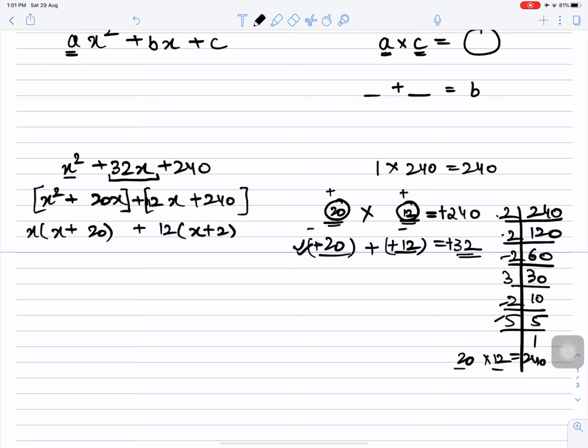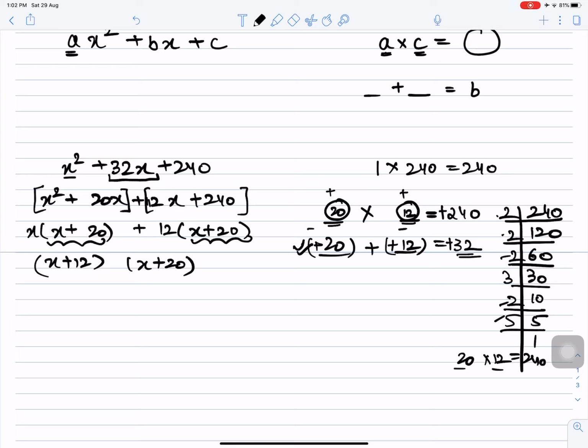We are left with 20. So my answer is x plus 12 and x plus 20. Okay, your answer will be correct. You will be sure after solving the question, when you reach a point where the two brackets have the same expression. Correct? So this is how I will factorize.